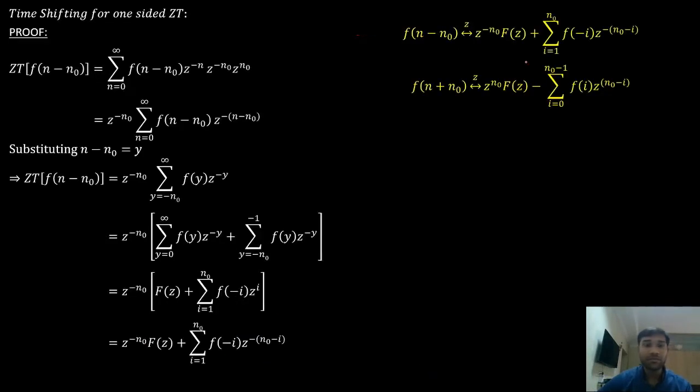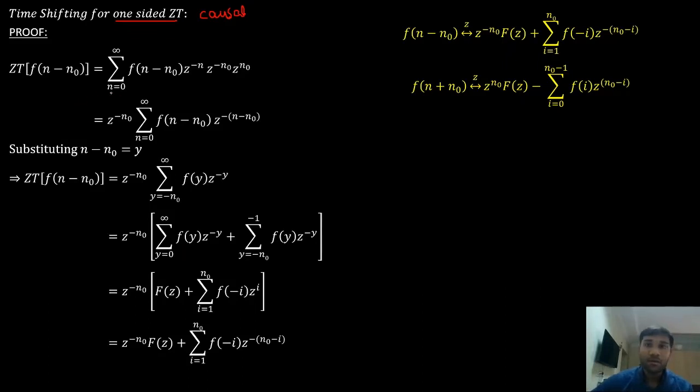Now in the case of the unilateral or one-sided Z transform, we'll consider f of n to be a causal signal.